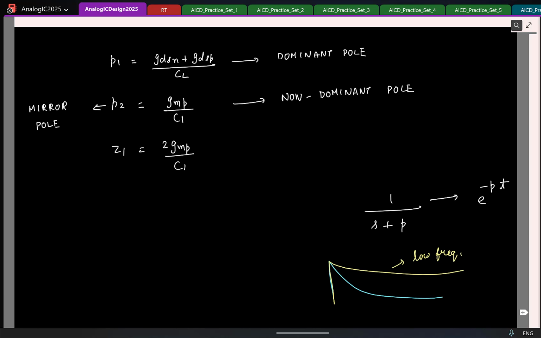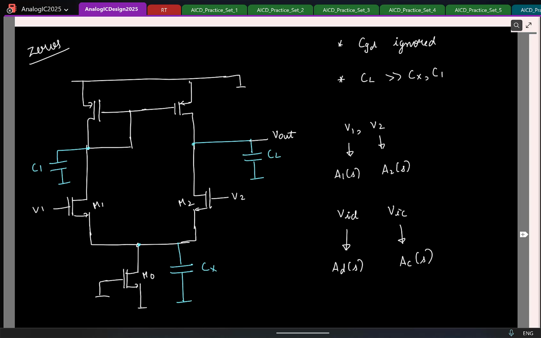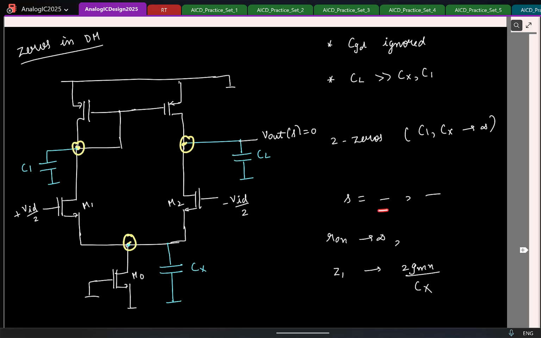If we calculate poles and zeros in the circuit, one of the poles will come exactly like this, GMP upon C1. One of the zeros will come as 2 GMP by C1. We just computed, right? So we technically have 2 zeros here.